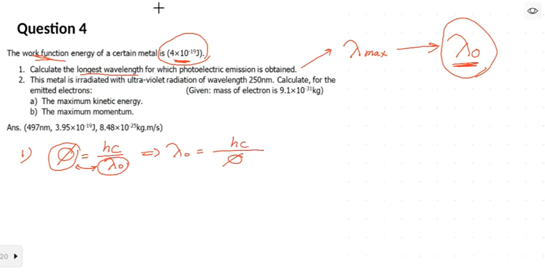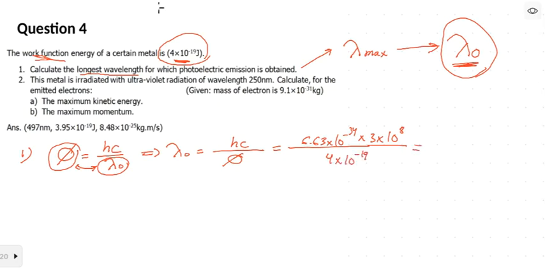Of course, to get the answer in meter, you should use joule here, and it's given in joule. So it should be equal to 6.63 times 10 to the power minus 34 times 3 times 10 to the power 8 divided by 4 times 10 to the power minus 19.